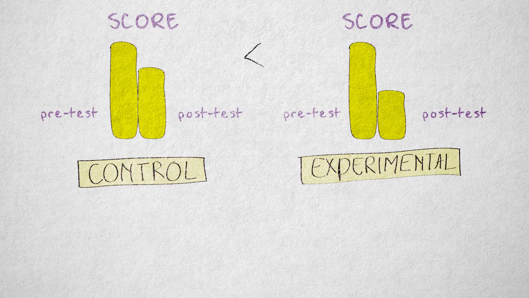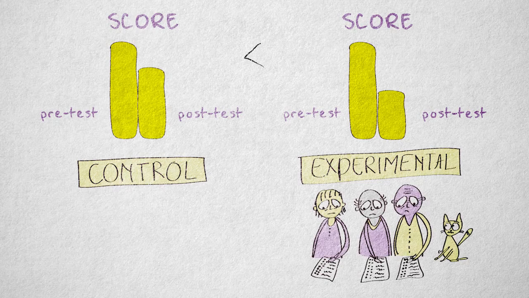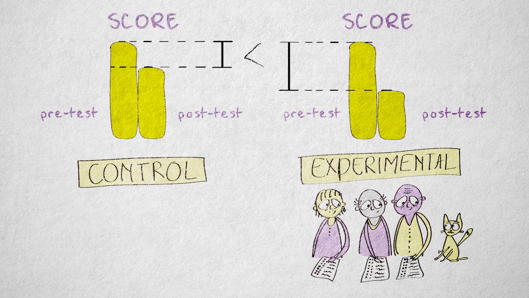Adding a control group is not always enough, though. In some cases, there's a risk that the pretest sensitizes people in the control group differently than people in the experimental group. For example, in our cat study, the pretest, in combination with getting a cat, could alert people in the experimental cat group to the purpose of the study. They might report lower depression on the post-test, not because they're less depressed, but to ensure the study seems successful, so they can keep the cat.